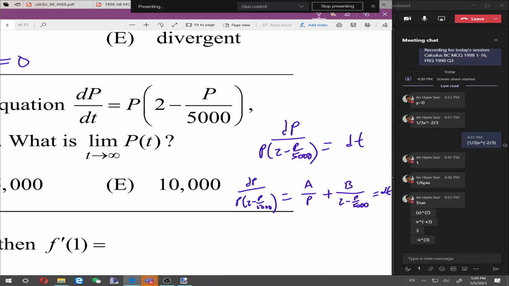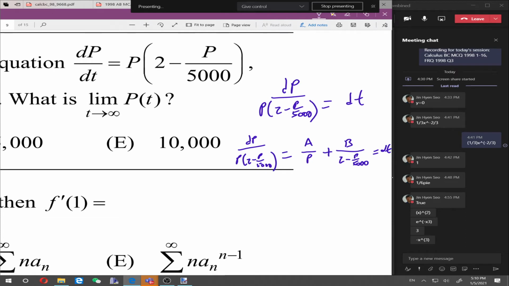It does look a little bit ugly. If I wanted to get rid of that 5,000, I could multiply through by 5,000 on top and bottom and try to get rid of it that way, but I think I might actually leave it. Okay, I'm going to leave it like that.